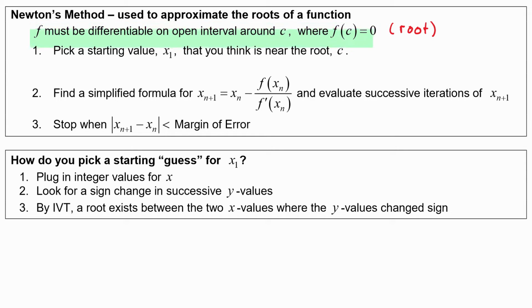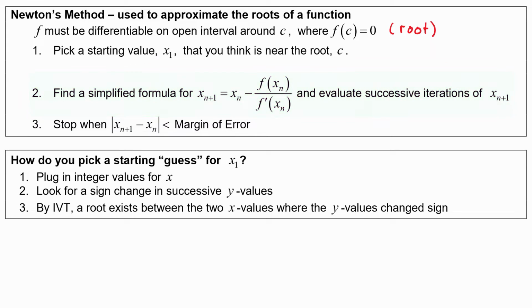Now what you do is pick a starting value, which we are going to call x1. And you pick that value because you think it is near the root c. Second, you will find a simplified formula for xn plus 1 equals xn minus f of xn over f prime of xn, and evaluate successive iterations of xn plus 1.